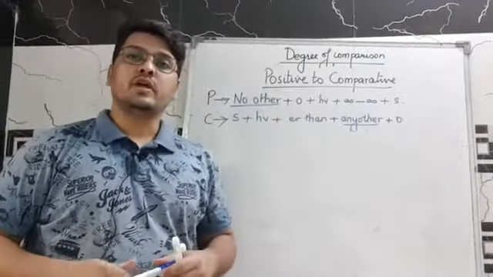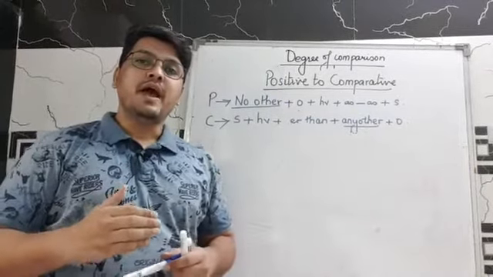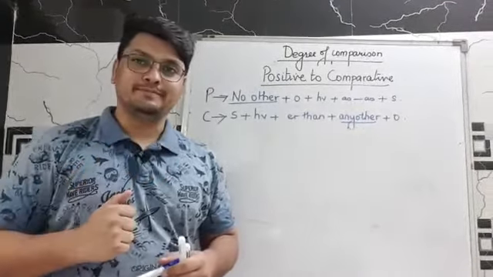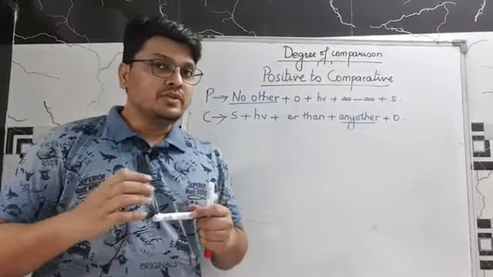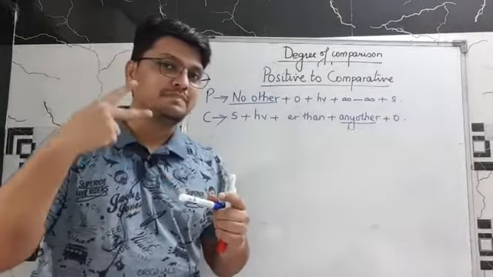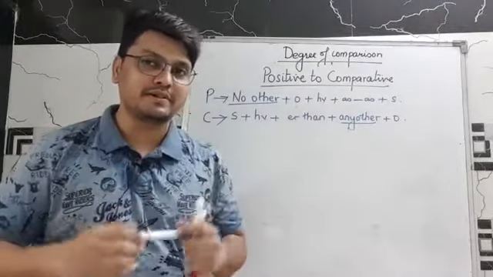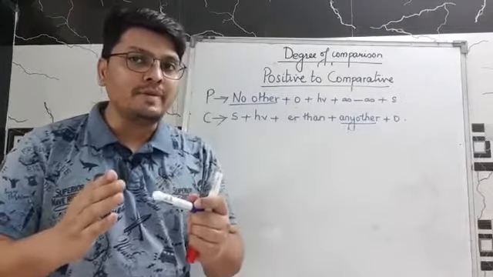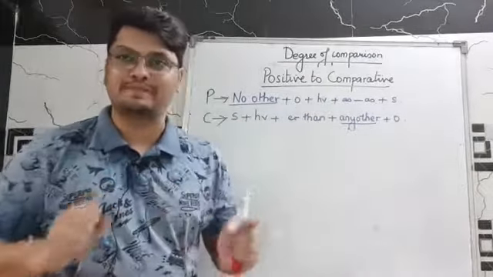Okay, students. Now we will see positive degree that starts with no other. So now students, we have learned in previous examples the two specific comparisons coming together. But here in this type of positive degree, one will be specific, another will not be specific.